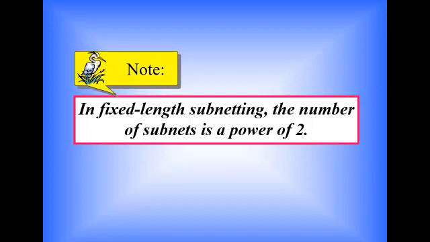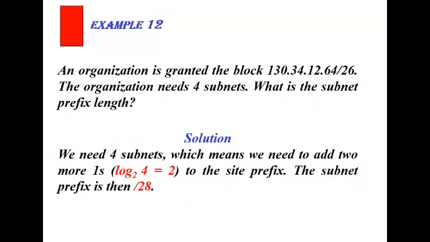We'll start with fixed length subnetting, which means every subnet has the same number of hosts, and the number of subnets is a power of 2. How this will be implemented, we can easily understand with the help of an example. An organization is granted a block of addresses with a given prefix length, and the organization needs 4 subnets. What will be the subnet prefix length?